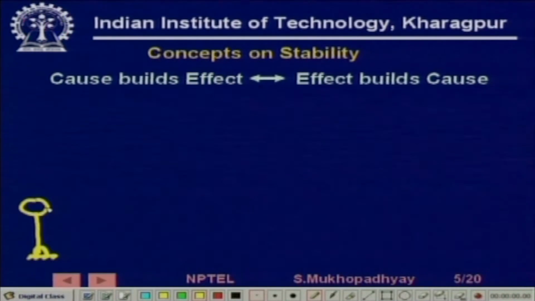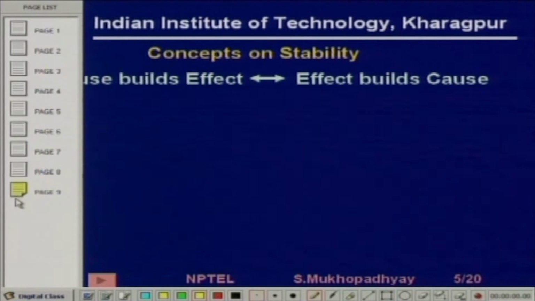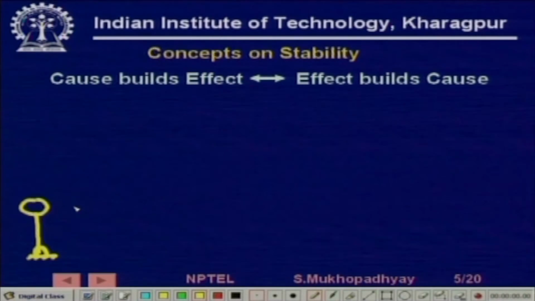Now, if you give it a little push, let us say this side, then the pendulum will come to this position. So, here is a cause which produced an effect of an angle. Due to this effect, the gravity force which was acting vertically down now has a component this way. Due to this component, the pendulum will move further and come to this position.